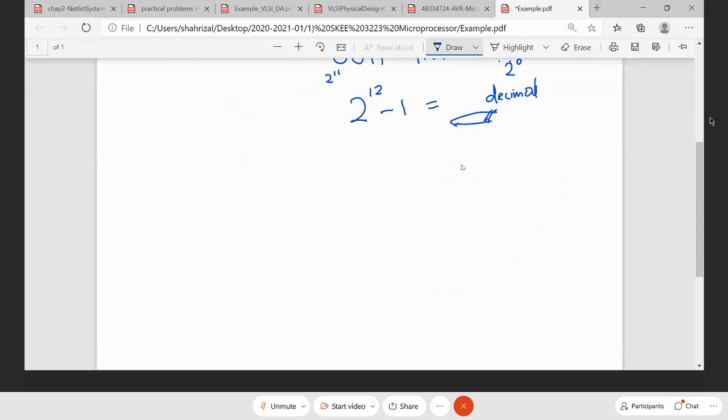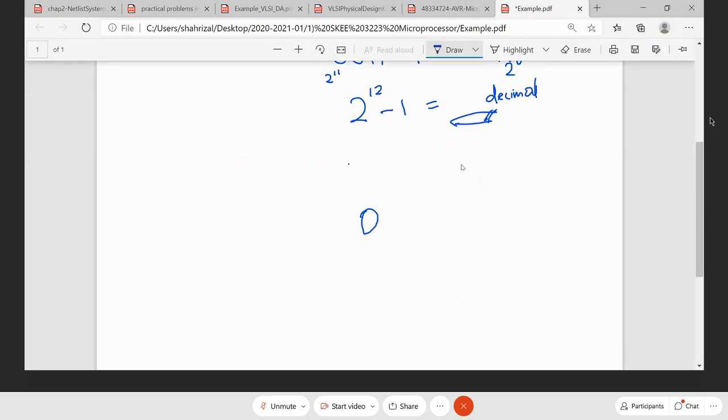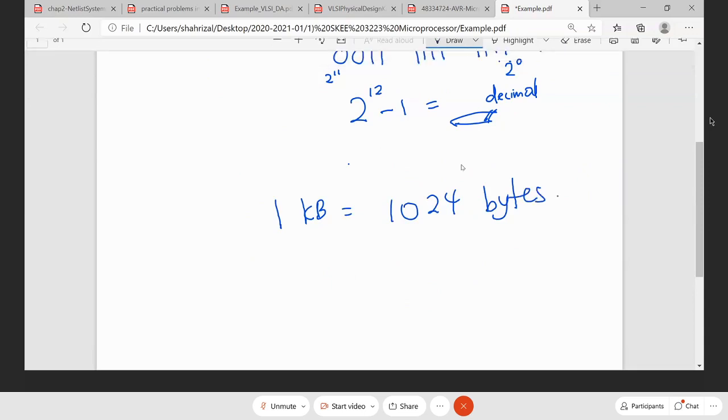Since this is 12 bits, you have to understand that 1 kilobyte is equivalent to 1024 bytes. Understand? How many bits is for 1 kilobyte?